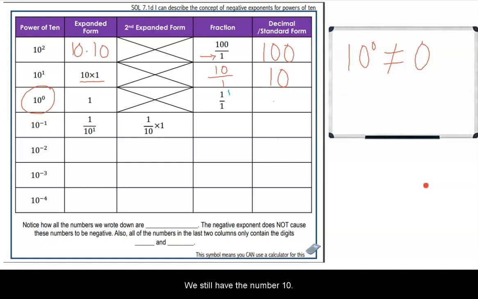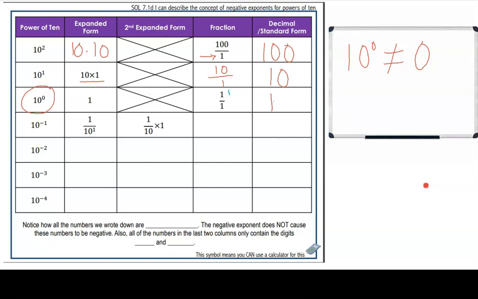We still have the number 10, and we're not multiplying it by 0. Instead, 10 to the 0 power is 10 divided by 10. So that would be the same as 1, which the fraction would be 1 over 1, and then the decimal and standard form would simply be 1.